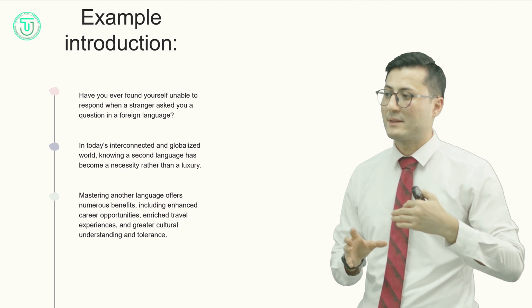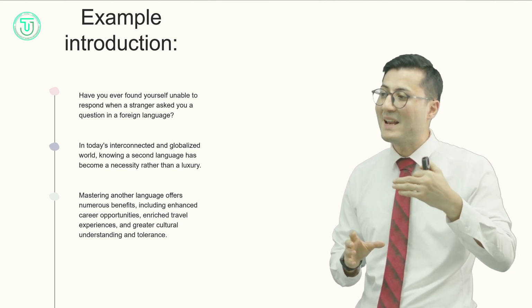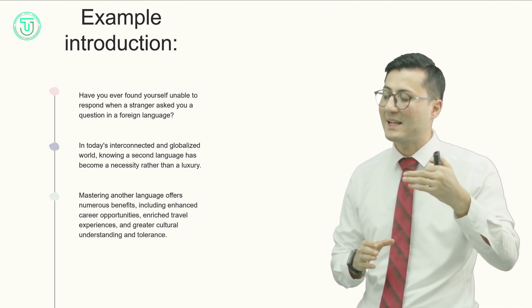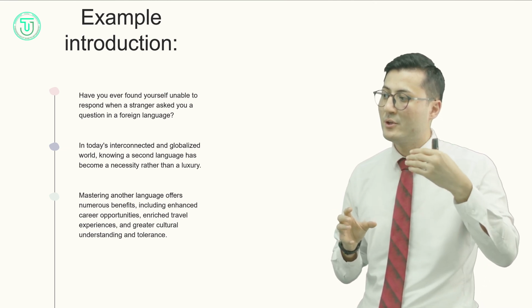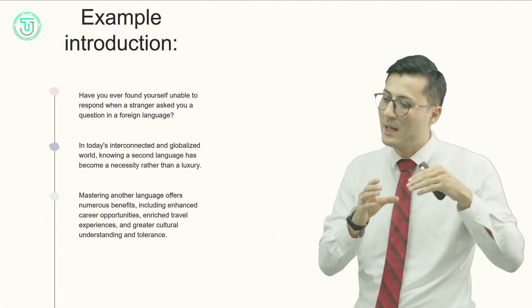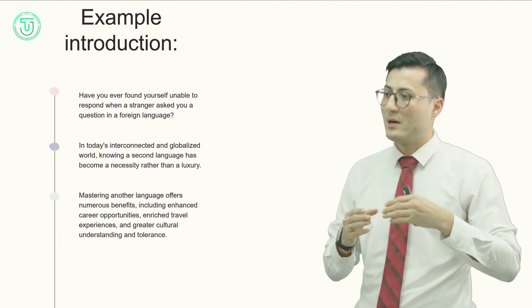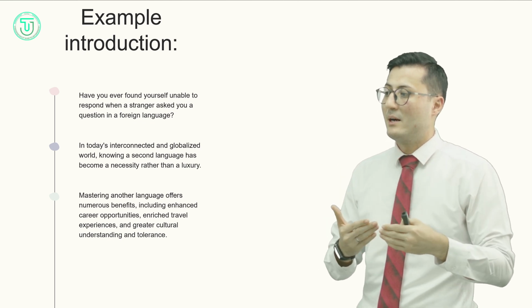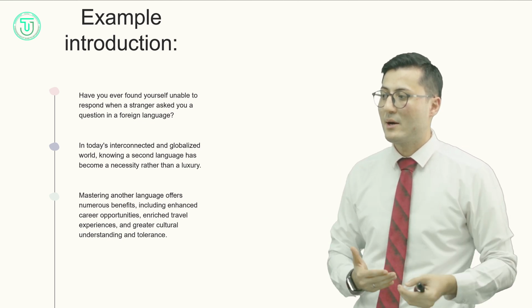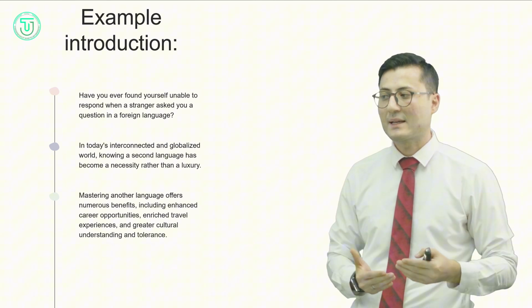So you know that the author is going to talk about the benefits, the importance of a second language. So this is the main idea. So your reader knows that you will further convey the idea that you are going to talk about the benefits of mastering a second language.